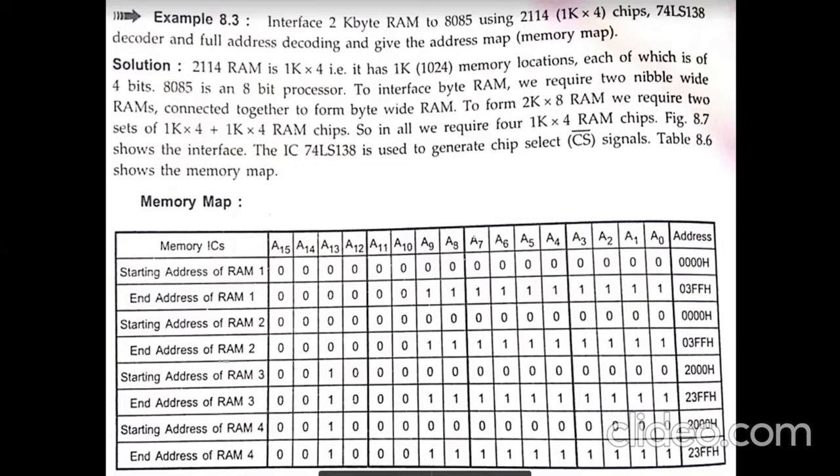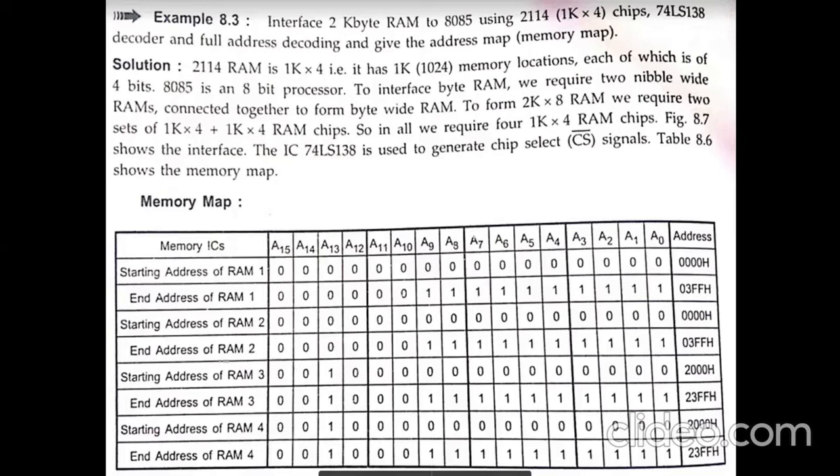But what we are doing here is, for RAM 1 and RAM 2, you are giving the same address. That address is 0000 to 03FF, the starting address and the ending address. The same is given to RAM 2.